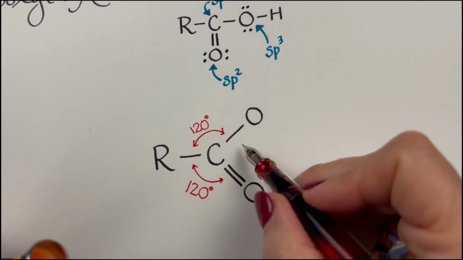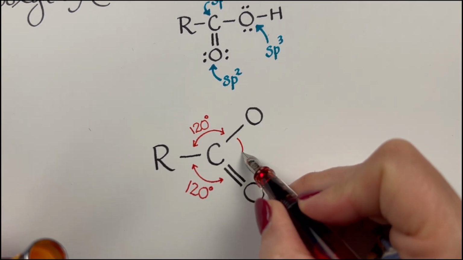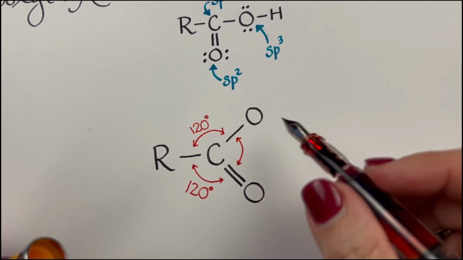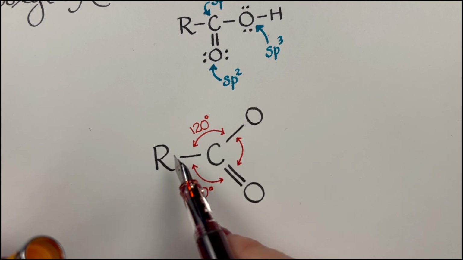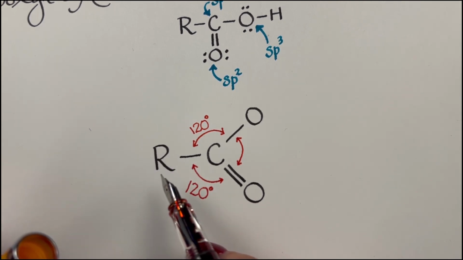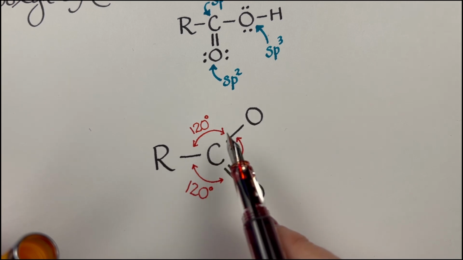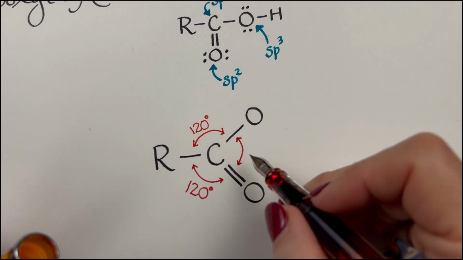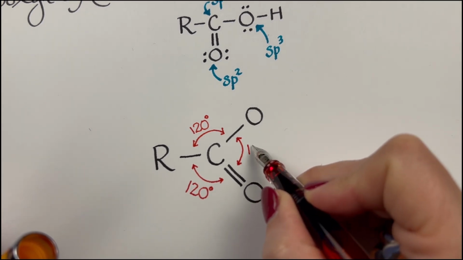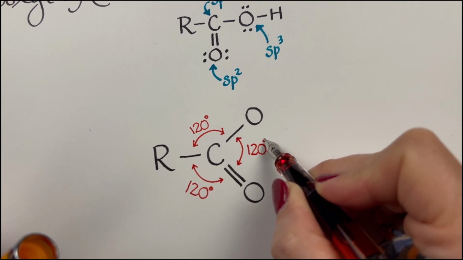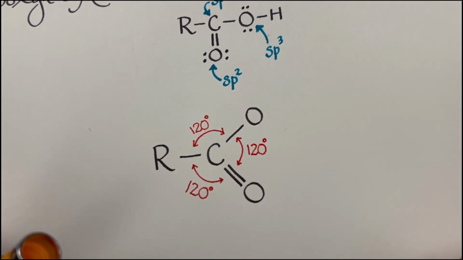Are they exactly 120? Not necessarily, right? Because perhaps this R group is a very large, bulky group, and sterically it might cause these to be squeezed a little bit this way, but it's going to be close, okay? So you can assume these are all close to 120 degrees.